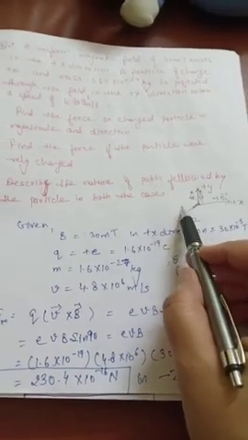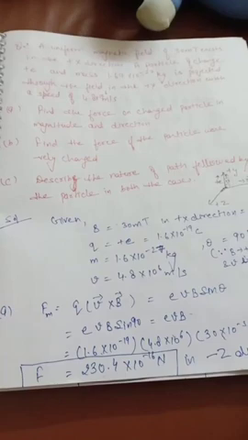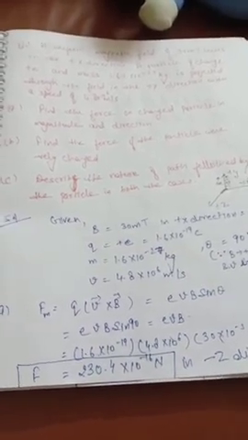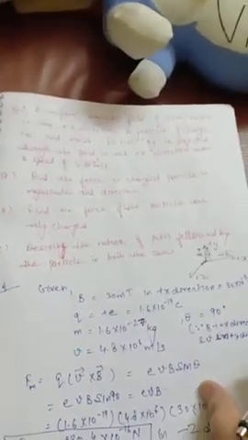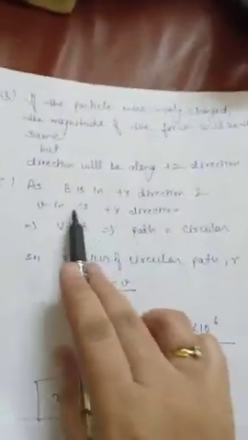That means a charged particle enters in a magnetic field perpendicularly. So what is the nature of the path followed by the particle? Obviously it is circular path, right? We have already discussed about this. So the nature of the path followed by the particle in both the cases is circular, and we have to calculate the radius of that circular path, right?